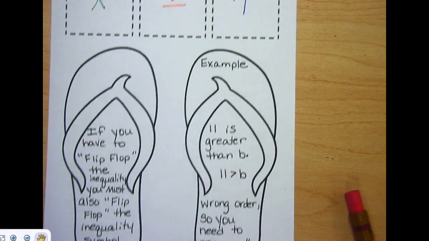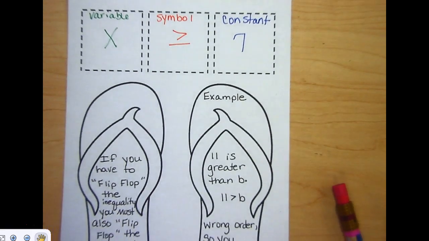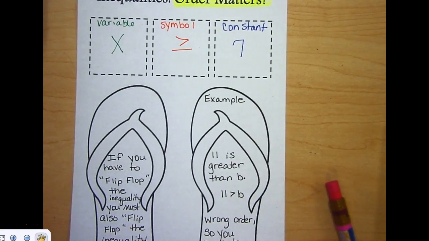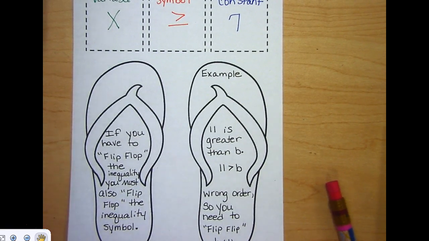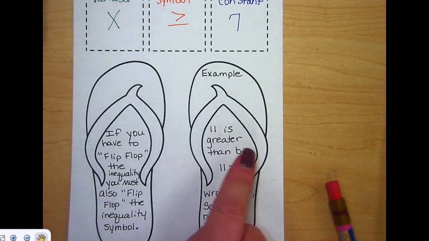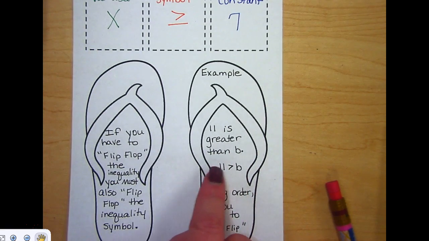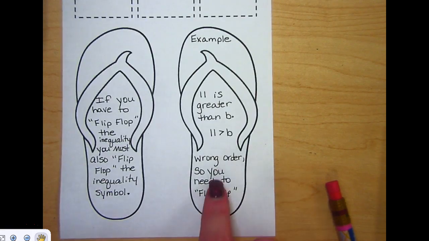So let's look. It says here, if you have to flip-flop the inequality, you must also flip-flop the inequality symbol. So if you get 11 is greater than B, can I leave it like that? No, the B has to come first. But if I flip that B to the front, the little point still has to point at the B. So it's the wrong order, you have to flip it.